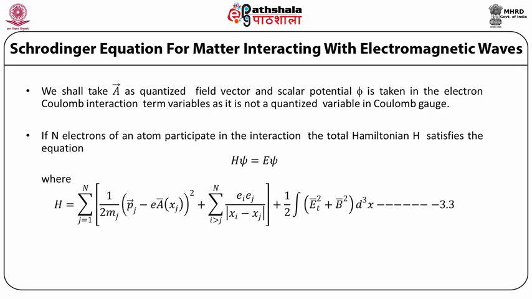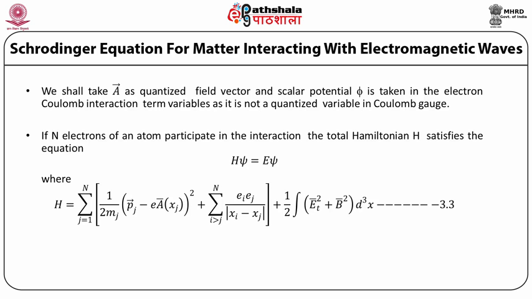If n electrons of an atom participate in the interaction, the total Hamiltonian H satisfies the equation H psi equal to E psi, where the Hamiltonian is given by summing over the particle j equal to 1 to n, the whole thing multiplied by an expression 1 by 2 mj into (pj vector minus e A vector operating at the point xj), whole squared, plus the sum over i greater than j going up to n of the Coulomb term, namely ei ej by |x minus xj|, plus half integral of (E vector squared plus B vector squared) d cubed x.